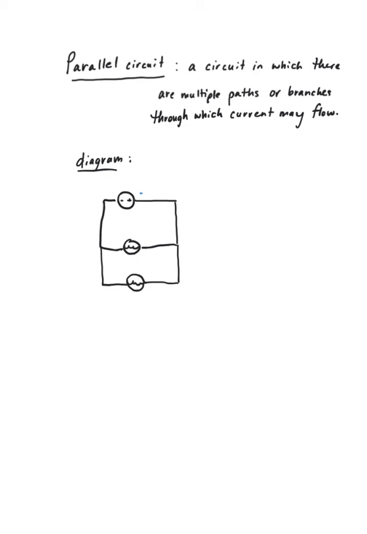Here, electrons are moving through this path, and they're moving through this path to illuminate 2 light bulbs to the same intensity as any one light bulb all by itself. We get the same intensity in these 2 light bulbs connected in parallel as we got for one light bulb all on its lonesome.